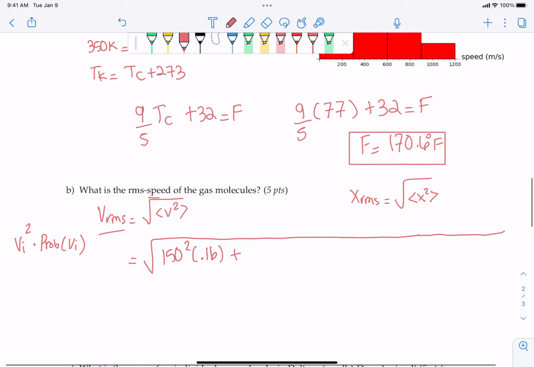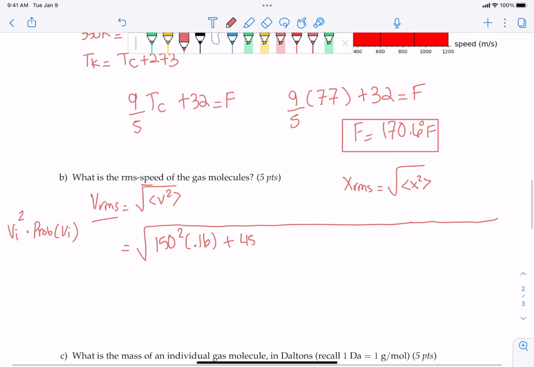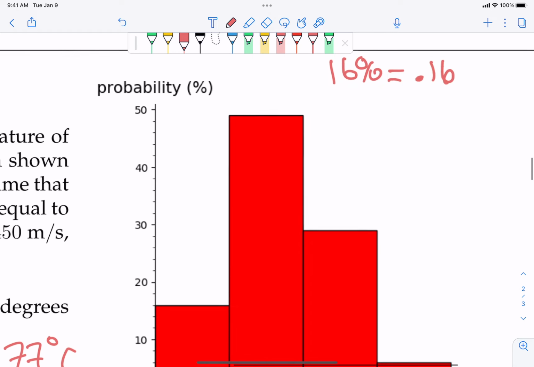The next value is 450 squared. What's the probability here?